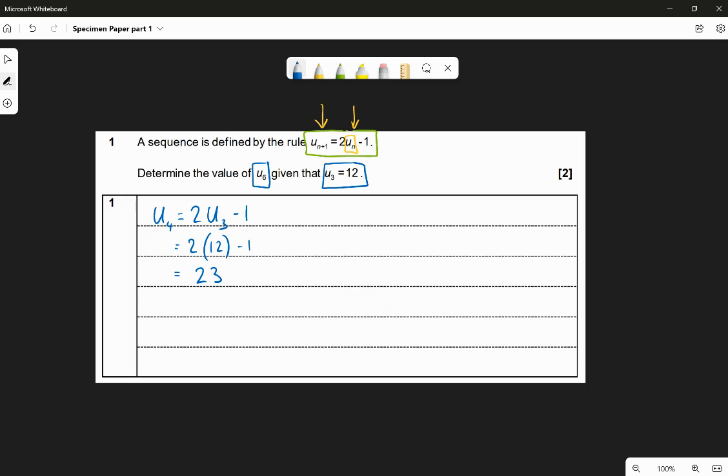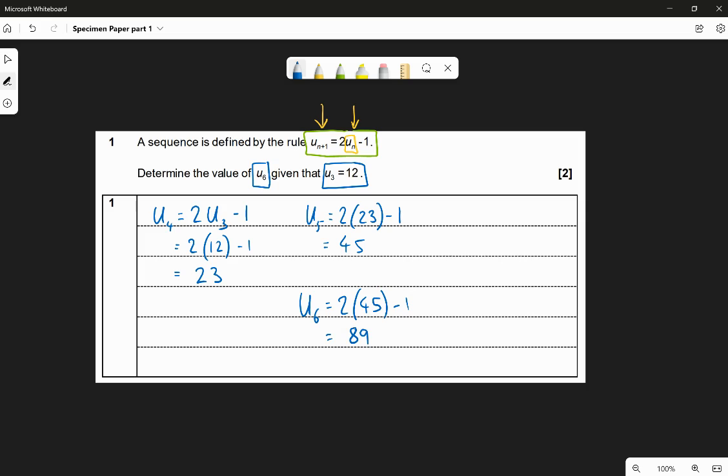The 5th term is double the 4th term, so 2 lots of 23 is 46, take away 1 is 45. The 6th term is double 45, which is 90, take away 1. So the 6th term is 89.